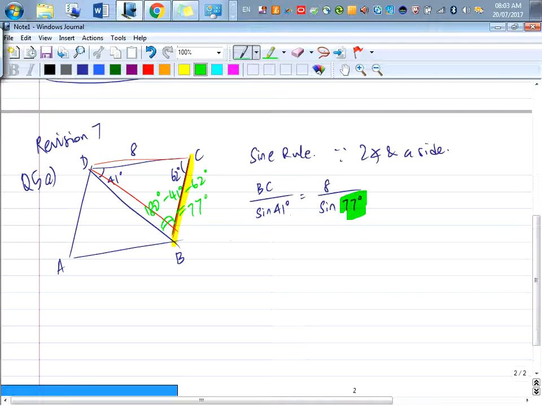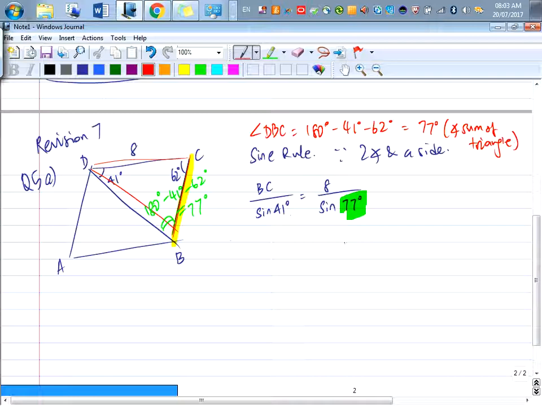Angle sum of triangle. So what we could have done earlier on will be, we write this down. Angle DBC equals to 180 degrees minus 41 degrees minus 62 degrees equals to 77 degrees. And we say angle sum of triangle.